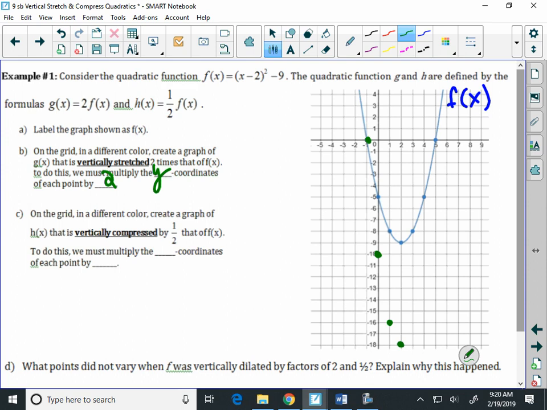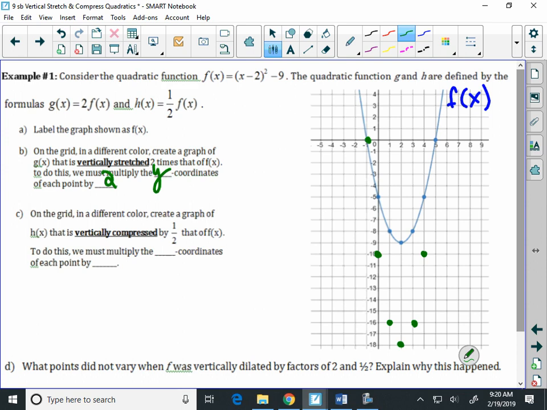The next point is 3, negative 8. We take the y value, negative 8 times 2, which is negative 16. The point 4, negative 5: negative 5 times 2 is negative 10. And the last point given on this graph is 5, 0.